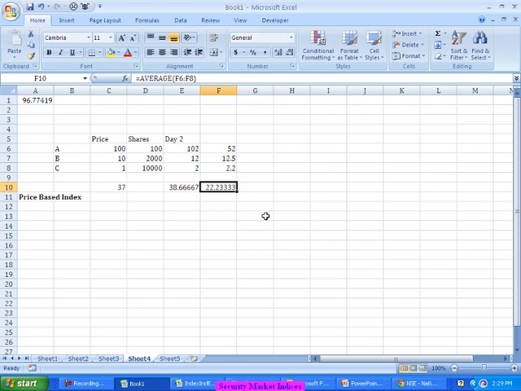When all the shares are going up in price, I cannot have the index go down in value. So whenever there is a stock split, what is typically done in the case of a price weighted index is that we adjust the divisor.